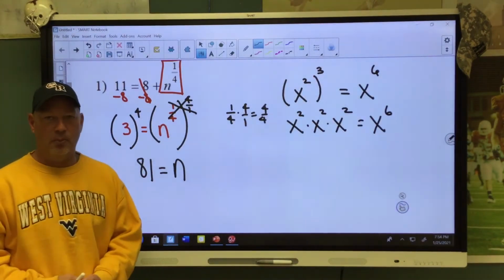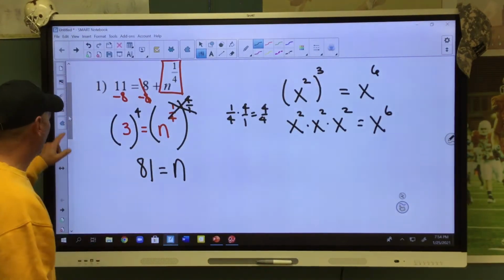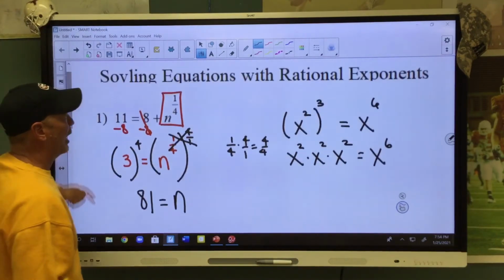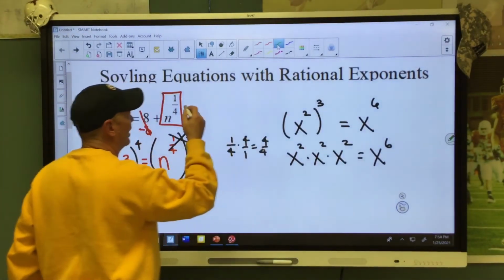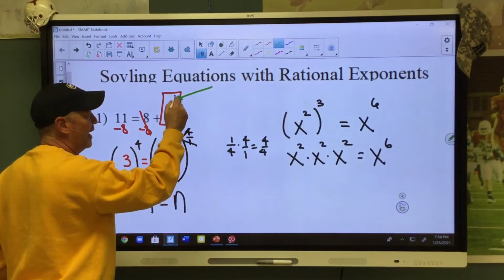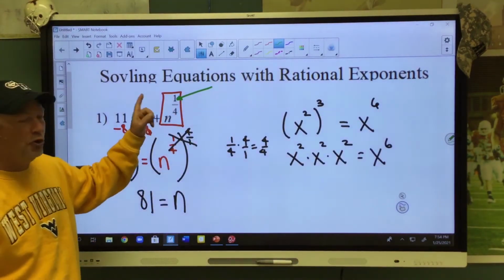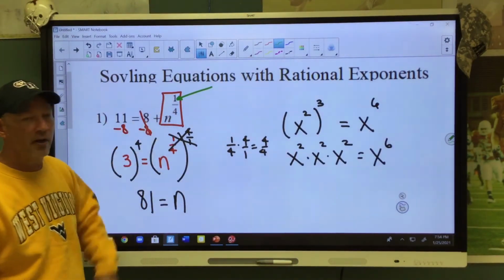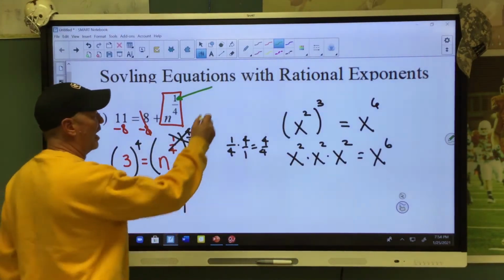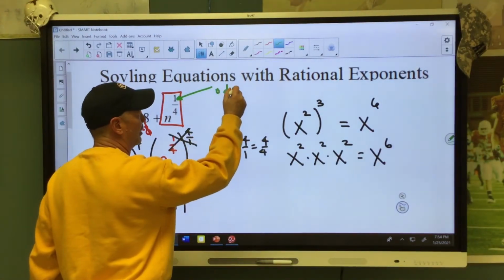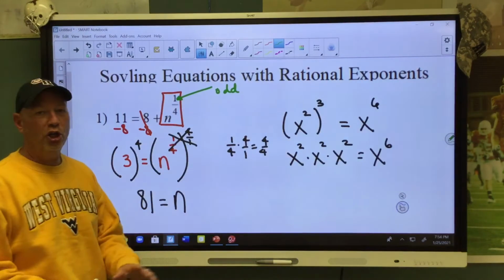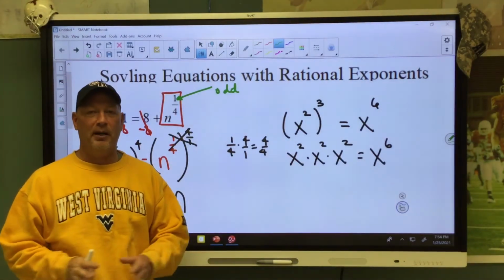This is a pretty simple problem. But here's one thing I'm going to ask you to notice. I want you to pick this up. If the numerator of your starting exponent is an odd number, then you're good. You don't have anything to worry about.